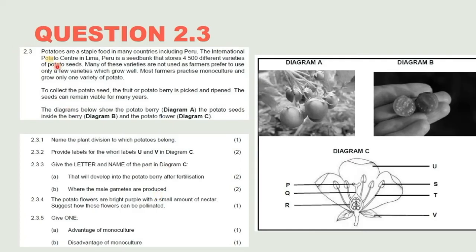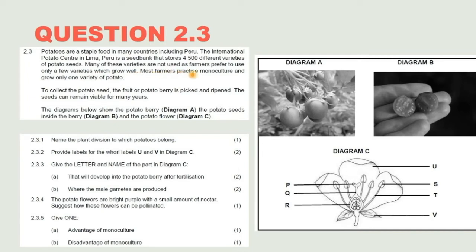They say in 2.3 that potatoes are the staple food in many countries, including Peru. The International Potato Center in Lima, Peru, is a seed bank that stores 4,500 different varieties of potatoes. Many of these varieties are not used, as farmers prefer to use only a few varieties which grow well.